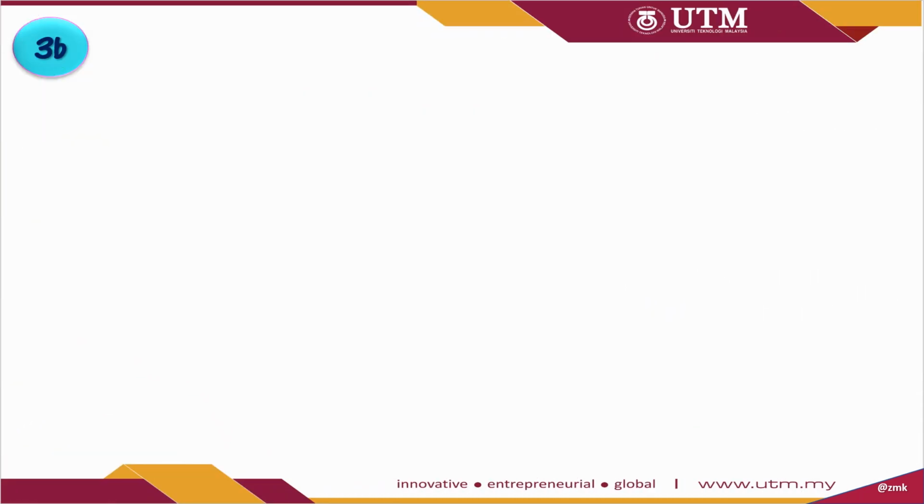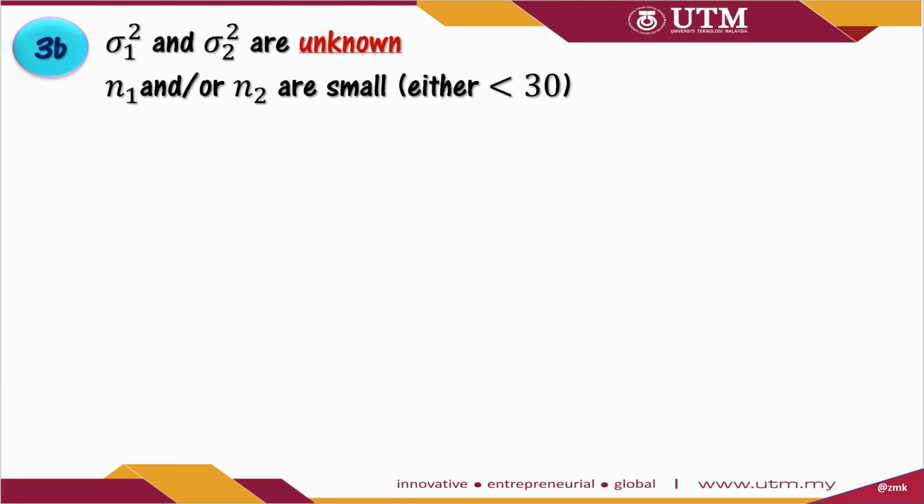The other case under category 3 is case 3b, which is the last case out of 5 cases in this topic. In case 3b, we also have 3 situations. The first and the second situations are the same as situations 1 and 2 in case 3a, which require us to use a t-score again instead of a z-score in the confidence interval formula.